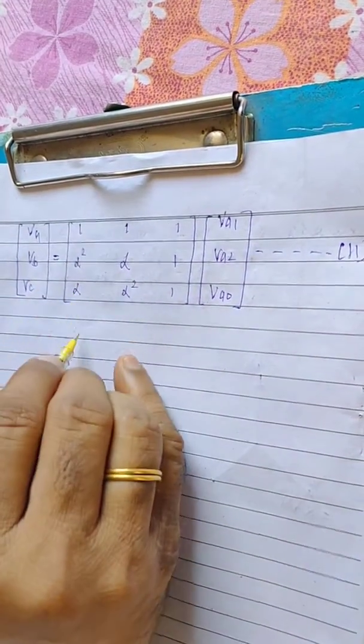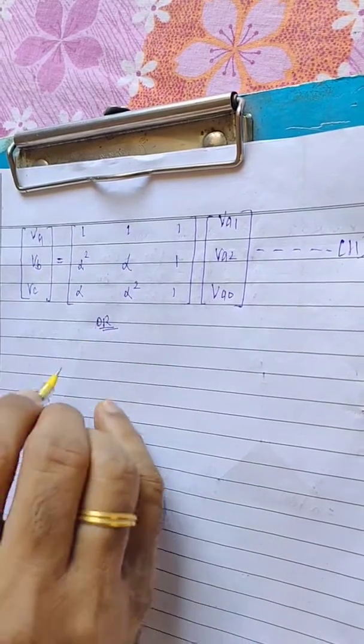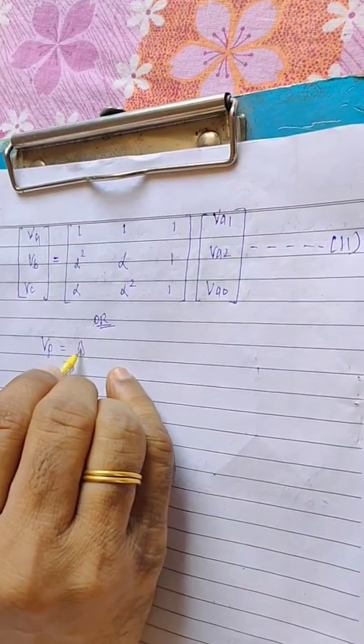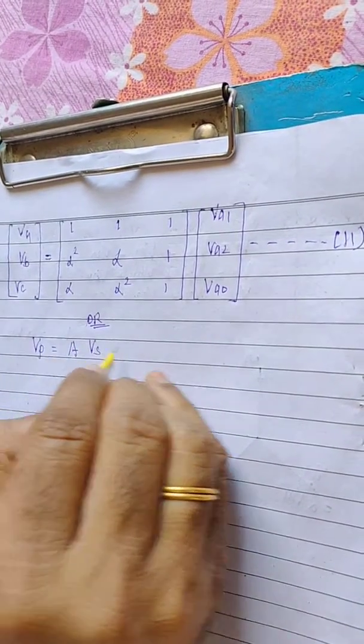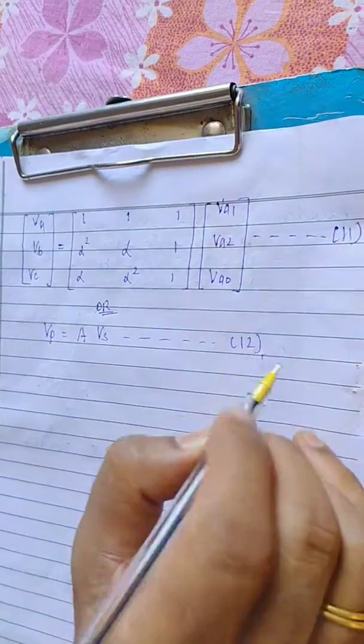From equation 11 we can write VP is equal to A VS. This is equation 12.